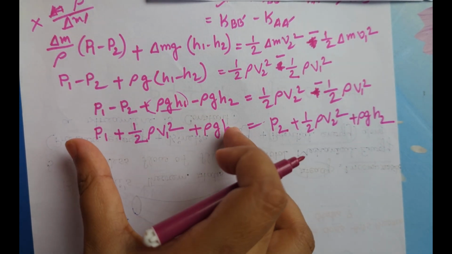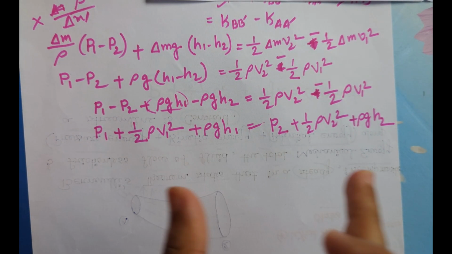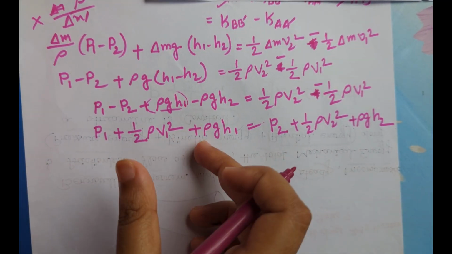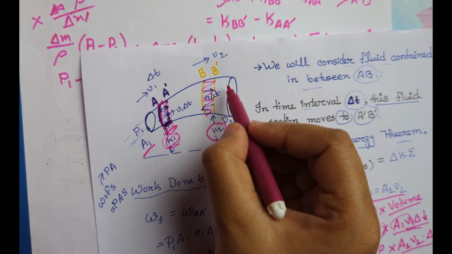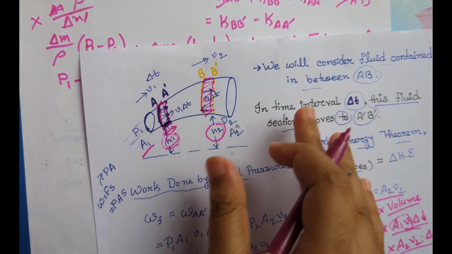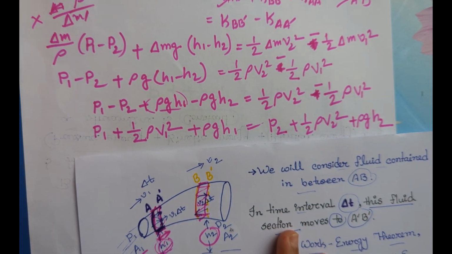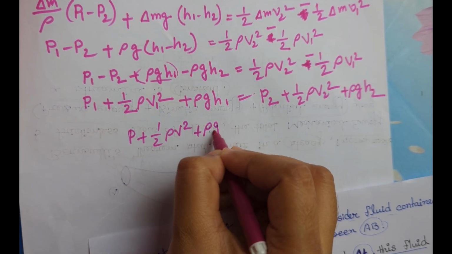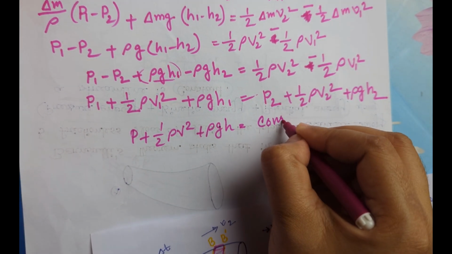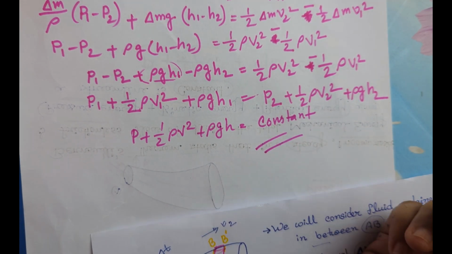Here we see that the total energy at the two points is the same, meaning the total mechanical energy of this portion is equal to the total mechanical energy of this portion. So it simplifies to P plus half rho v square plus rho g h equals constant. This is our Bernoulli equation.